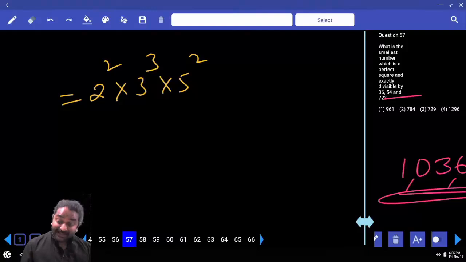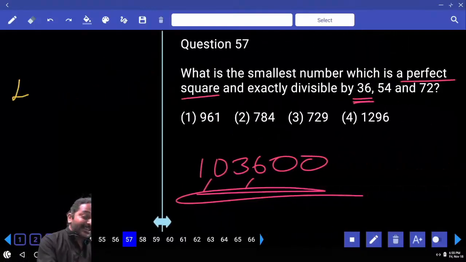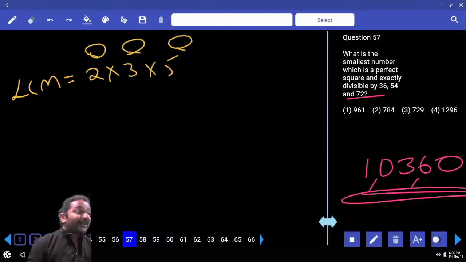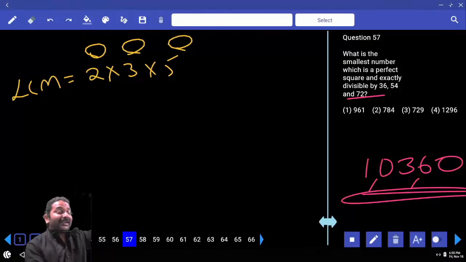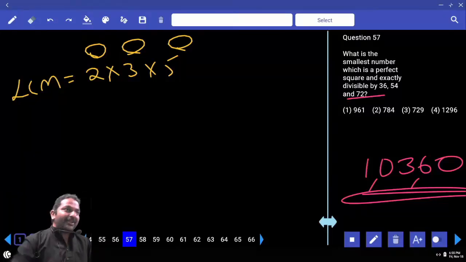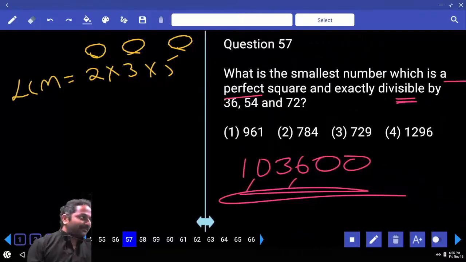Like that, after finding LCM in prime factors method, you can understand whether that LCM is a perfect square or not. If it is not a perfect square, you can decide with what number you need to multiply to make it a perfect square. You need to do that method.